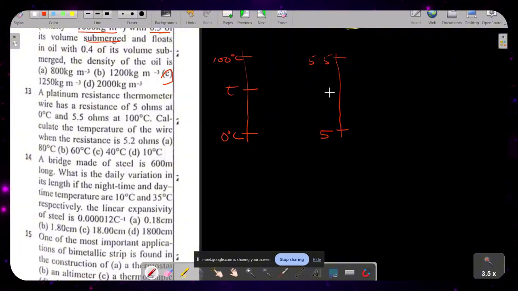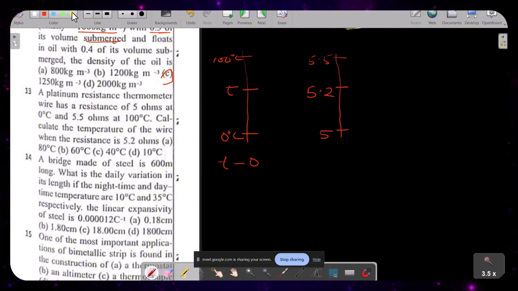when the resistance is 5.2. That's all, there's nothing much remaining, and you know how to calculate this. It's going to be 100 minus 0, or you can say T minus 0.